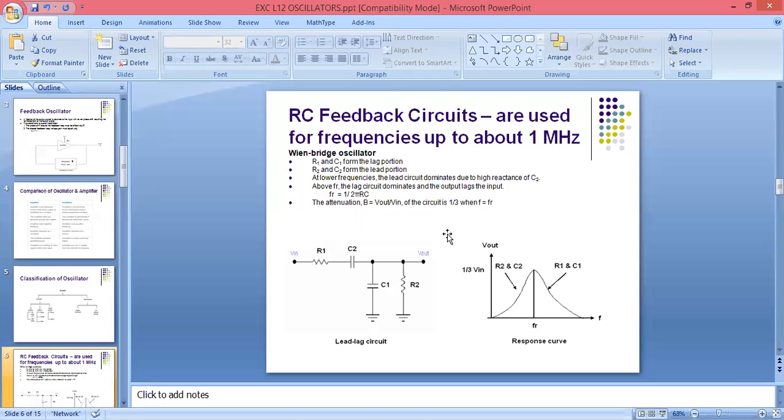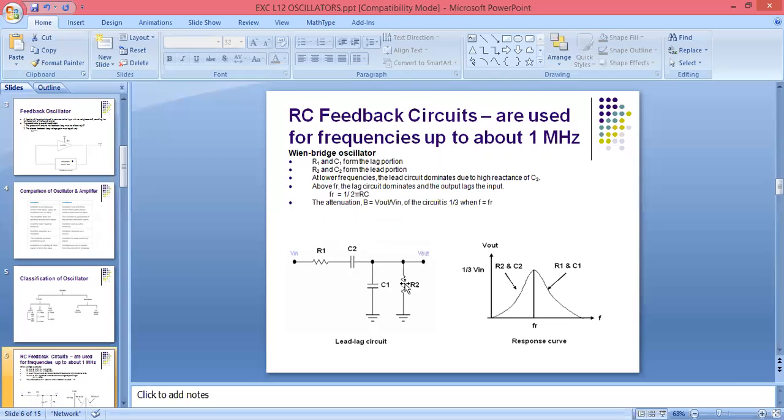In lead type, if we are using first capacitor and then resistor, we call that a lead network. I mistakenly said resistor first earlier. So if it is the lead network, then we will need firstly capacitor and then resistor.